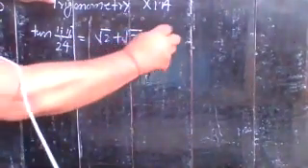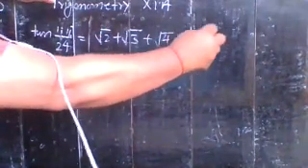Prove that tan 11 pi by 24 is equal to root 2 plus root 3 plus root 4 plus root 6.